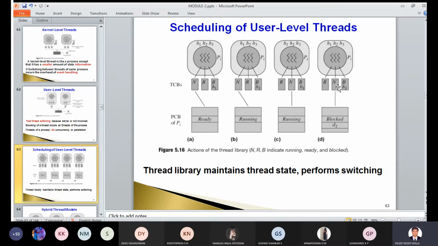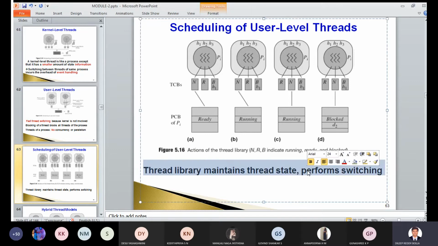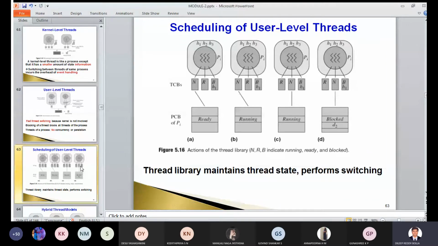And again here, N is given the block state. So let us see what is happening here with the help of thread libraries. The thread library maintains thread state and performs the switching.